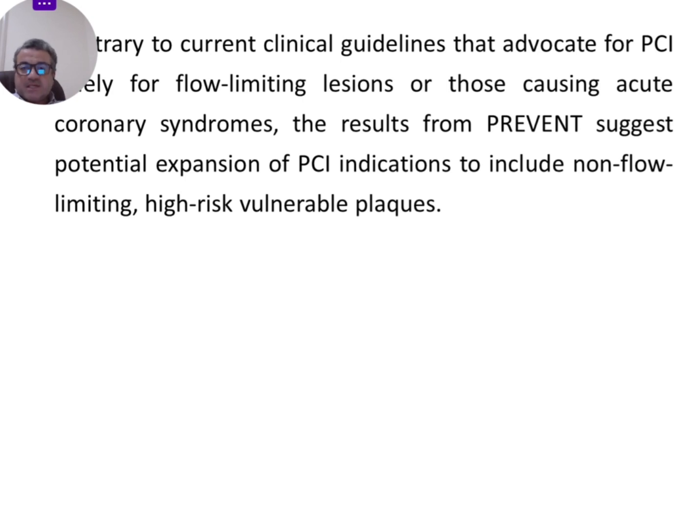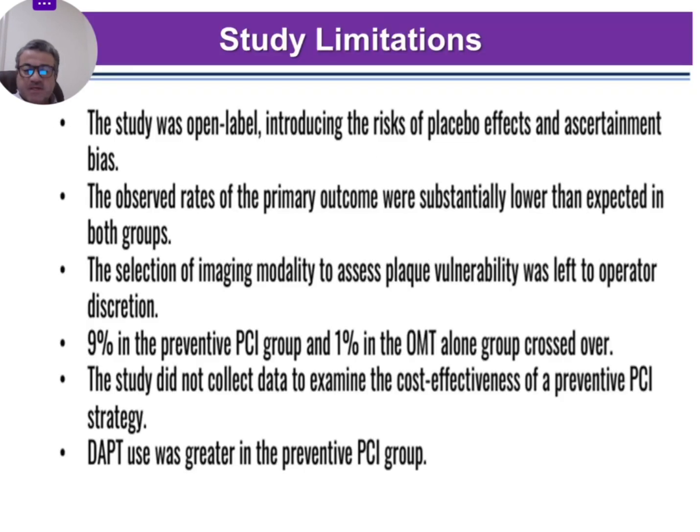In contrast to the current clinical guidelines that advocate PCI solely for flow-limiting lesions or those causing acute coronary syndromes, the results from PREVENT suggest a potential expansion of PCI indications to include non-flow-limiting high-risk vulnerable plaques.